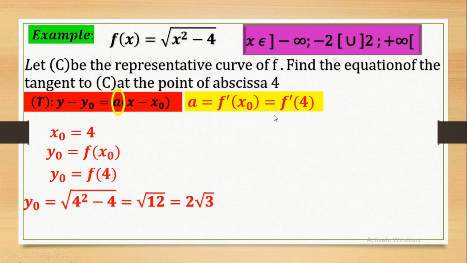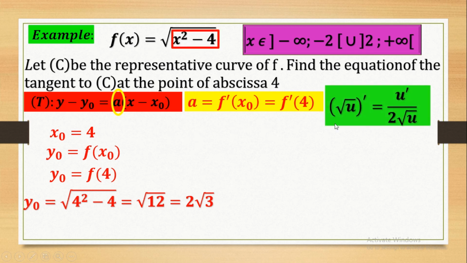But first of all, to calculate it, we need to find f prime of x. We have f of x is radical x squared minus 4. Now, what's the derivative of radical u? Actually, the derivative of radical u is u prime over 2 radical u, where u is, as you see, a function of x. It's here given x squared minus 4. So the derivative f prime of x is equal to the derivative of x squared minus 4.